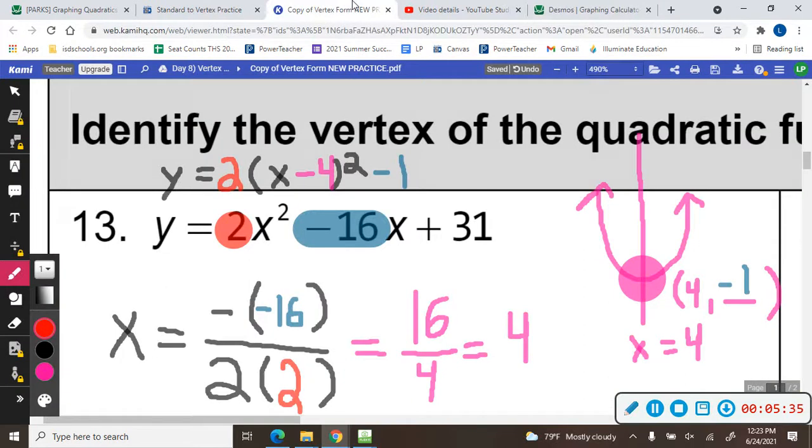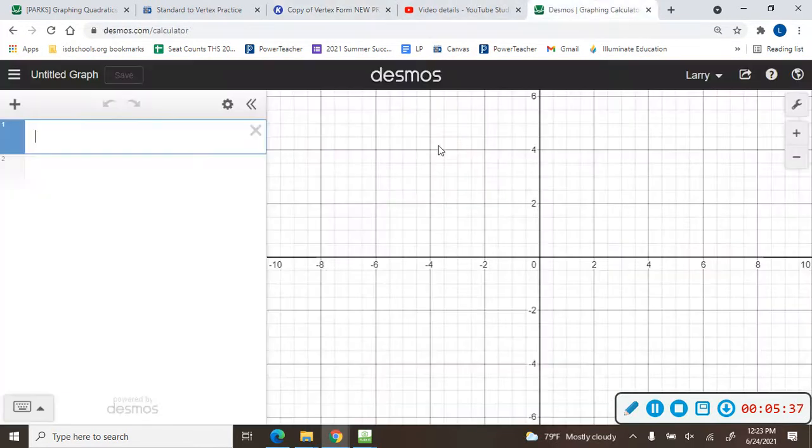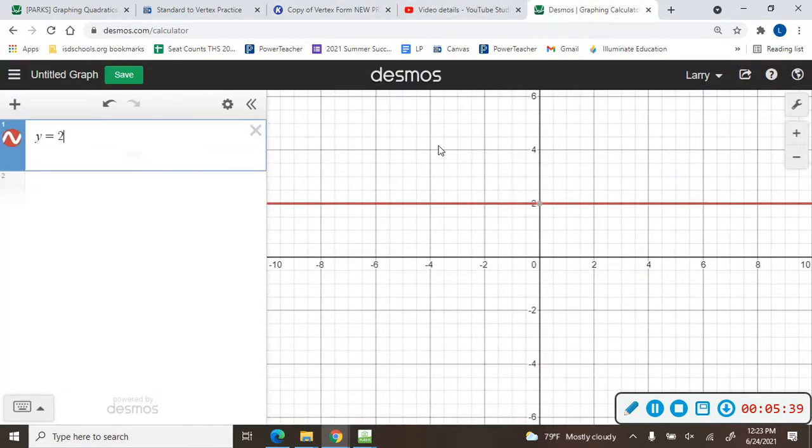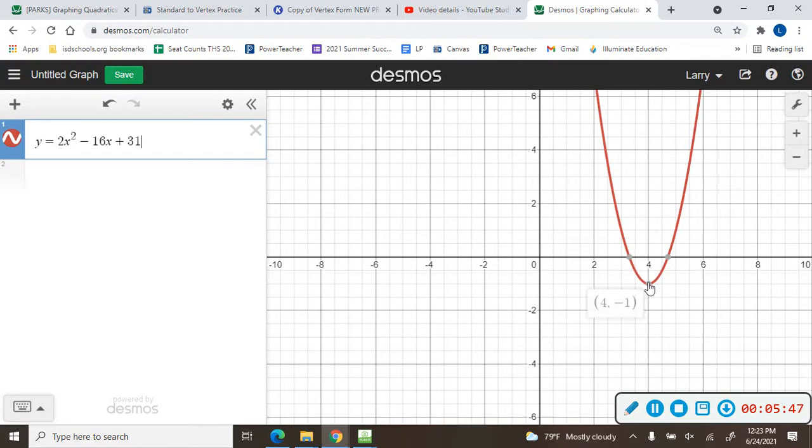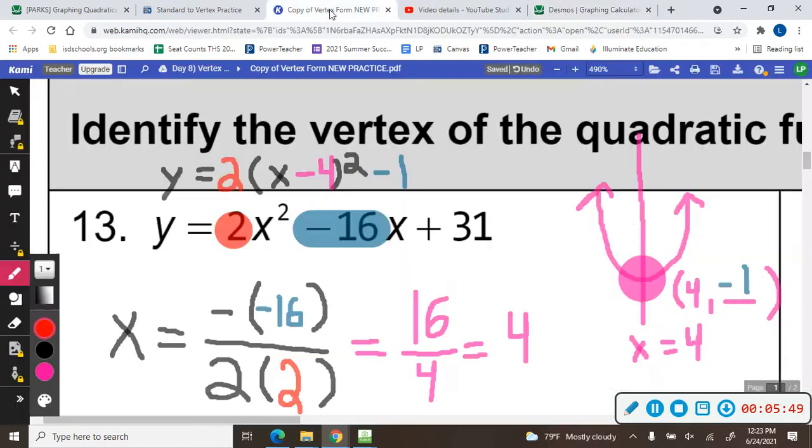So the first problem was y equals 2x squared minus 16x plus 31. When I look at this, I see my vertex is 4, negative 1. I said the vertex is 4, negative 1. And then I'm just going to compare this and make sure I have the same equation.